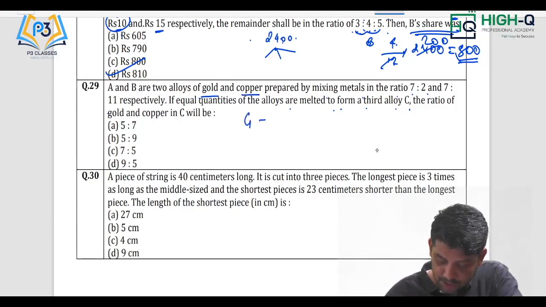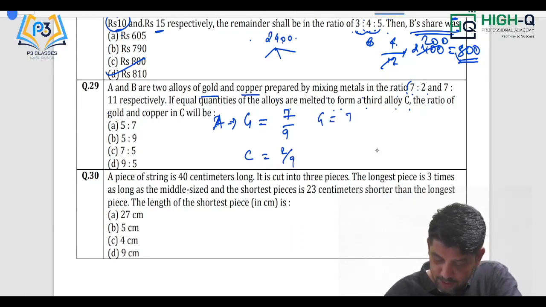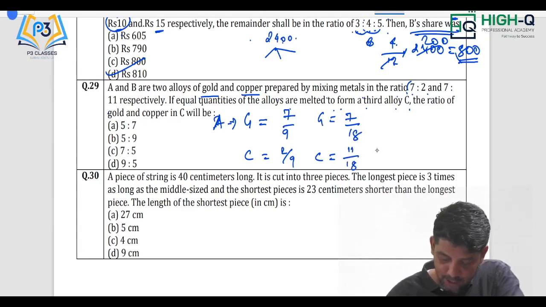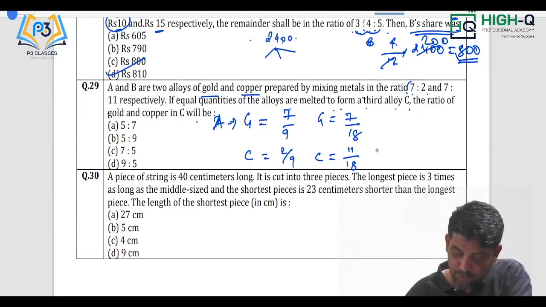So how much gold is in the first alloy? 7/9, first alloy, that is A. Copper is 2/9. Second alloy, gold is 7/18. Copper is 11/18. Now the question is about the third part, that is C alloy.